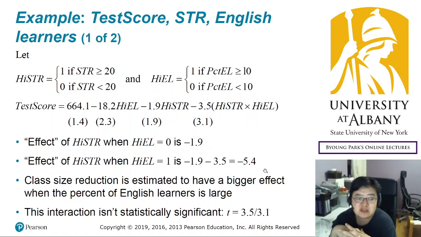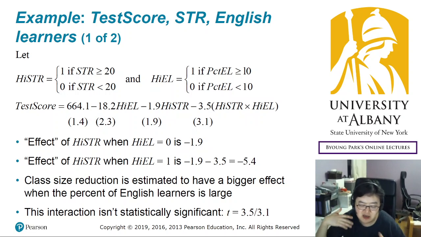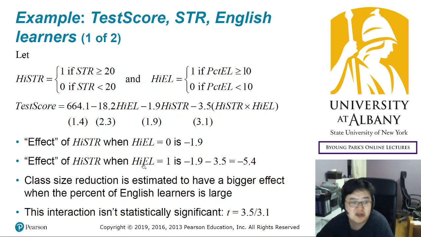So the effect of class size is larger when the percentage of English learners is higher, which is what we expected without looking at the data, and it makes sense. It's intuitive. But it is not statistically significant.